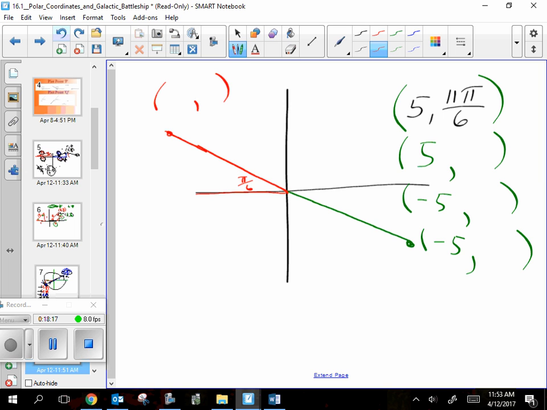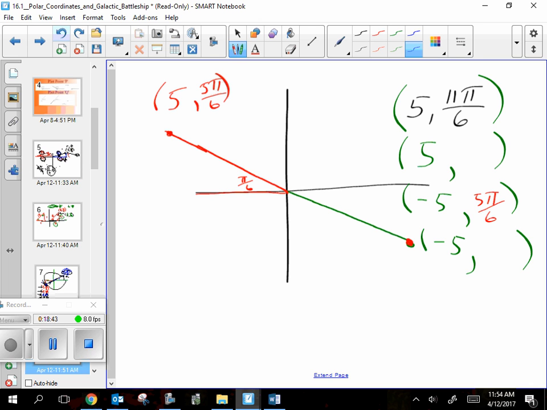Which would be -5, comma, 5 pi over 6, which makes this spot over here then -5, comma, 5 pi over 6. Good. All right.